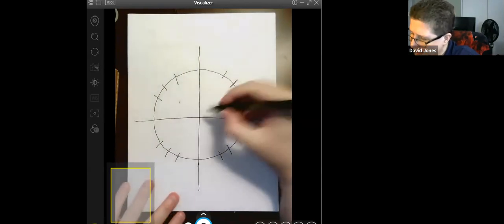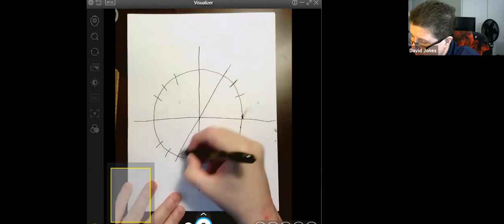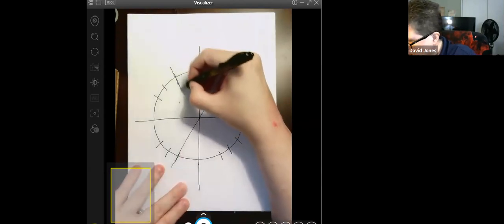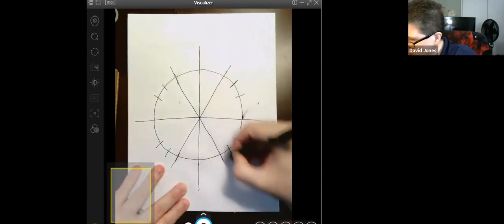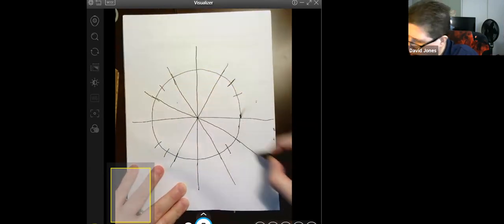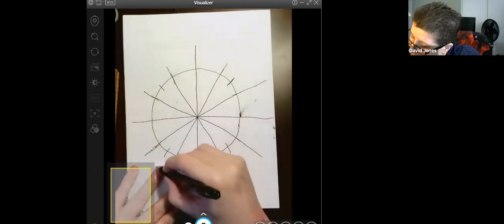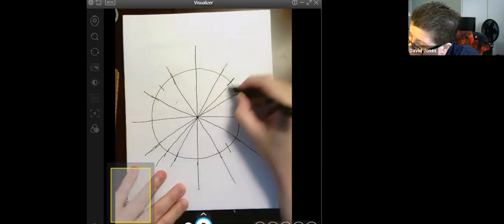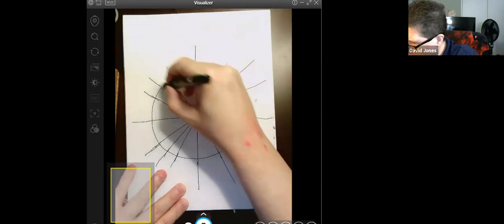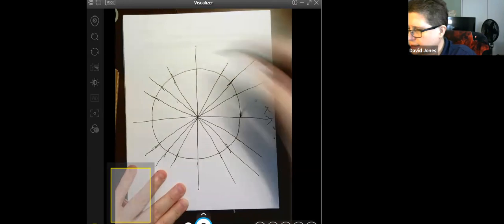If you like, connect the lines. Okay. So this is my X and this is my Y.